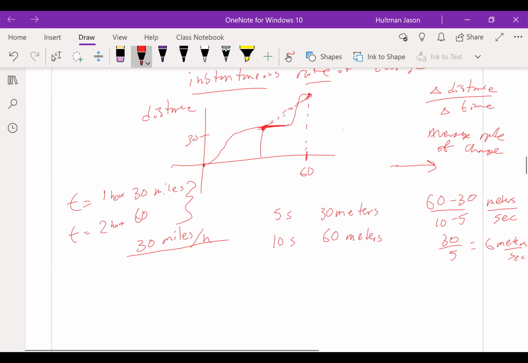If I take the derivative, I get something called an instantaneous rate of change. And that's like looking down at your speedometer, okay? Because what's happening there is it seems instantaneous. It's really not.